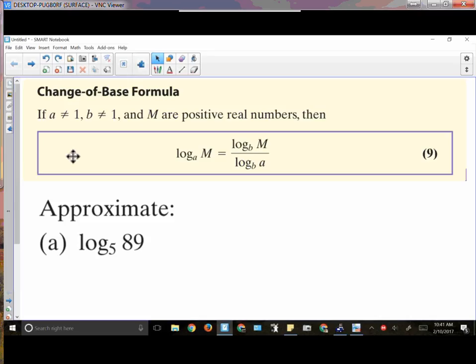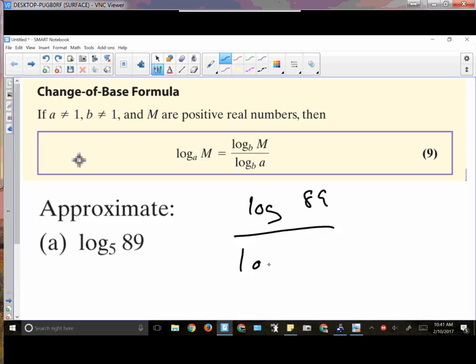For this one, this is simply going to be top number, bottom number. Do I know what base I should use? No, it doesn't matter which base I use.